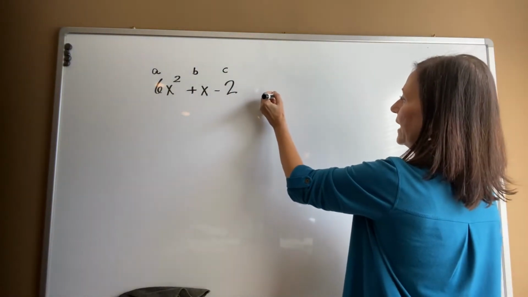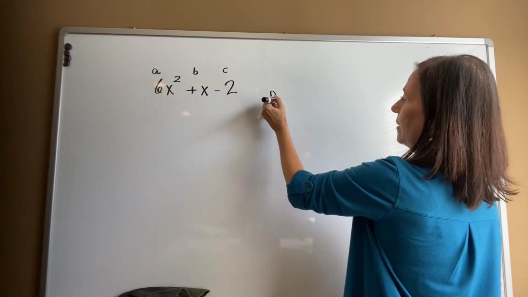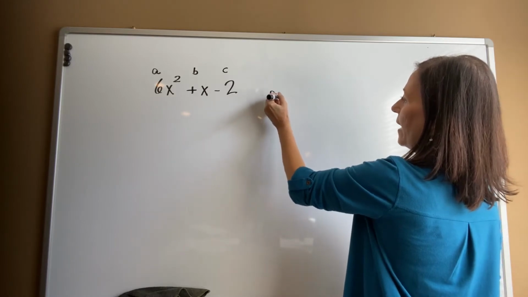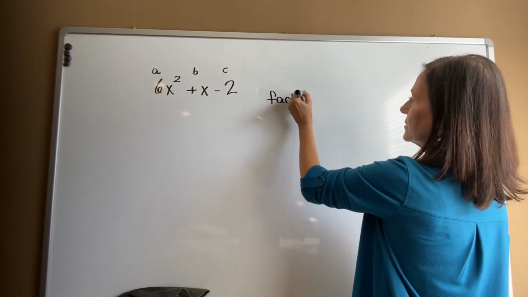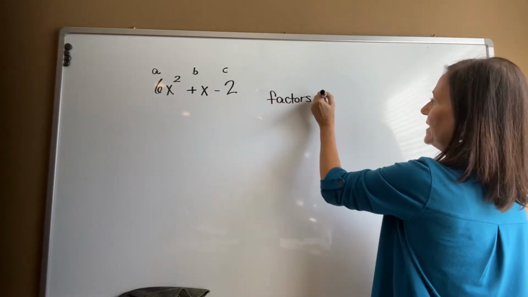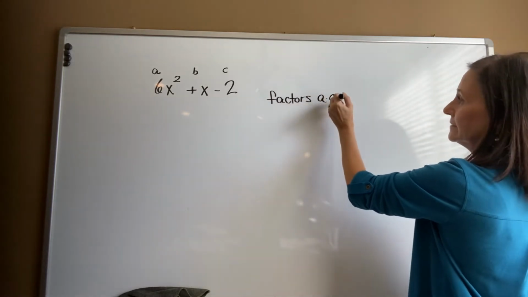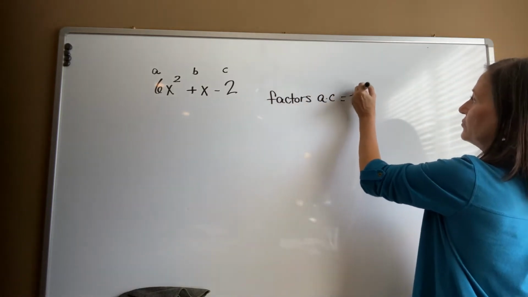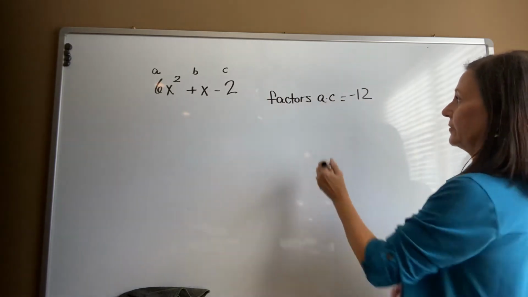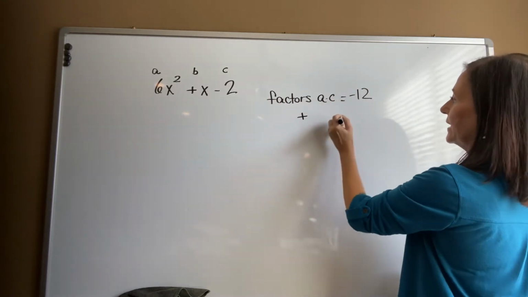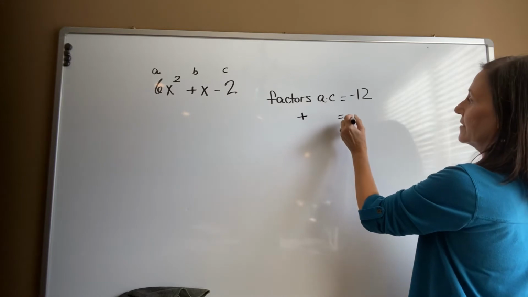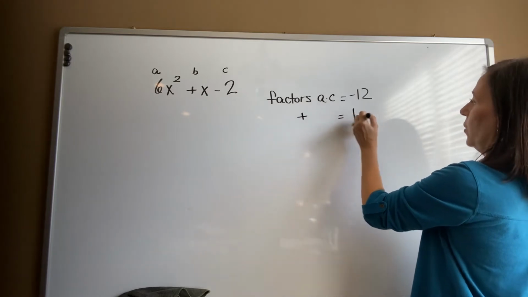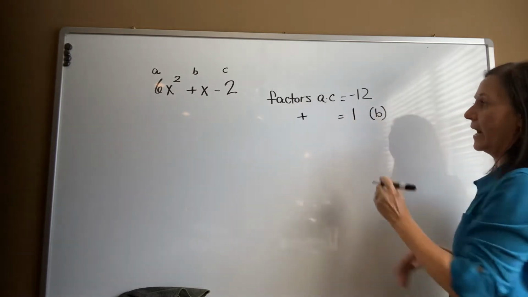So we want to begin by thinking about what are factors of A times C, which is -12, right? 6 times -2, such that we add them together and we get the B value, which is 1. All right?